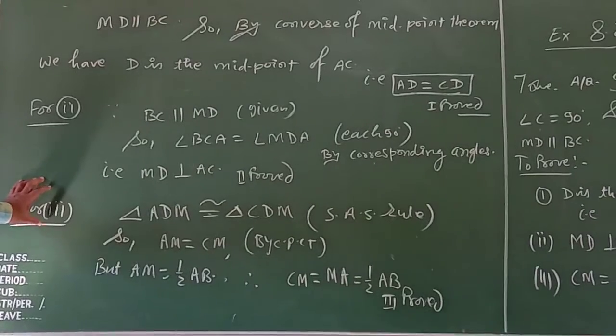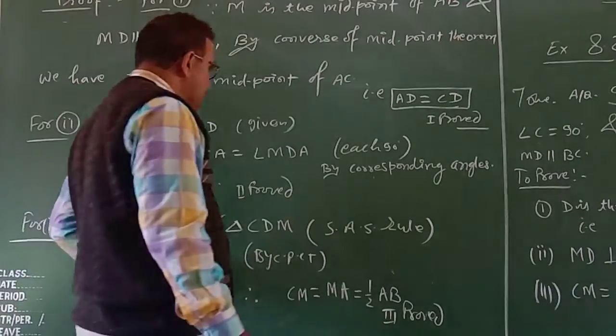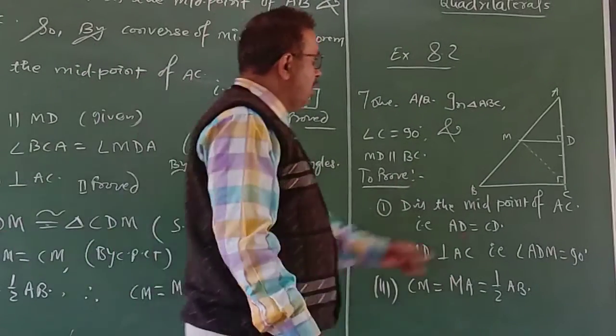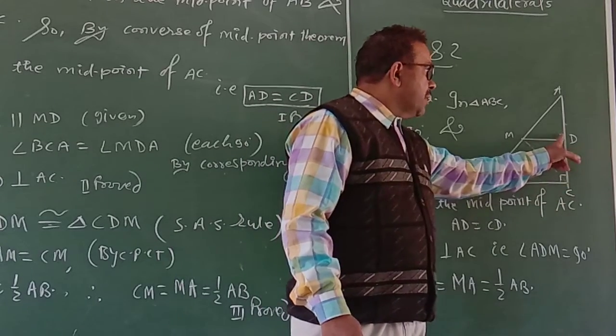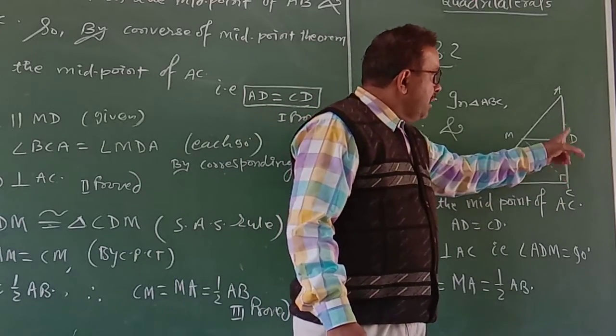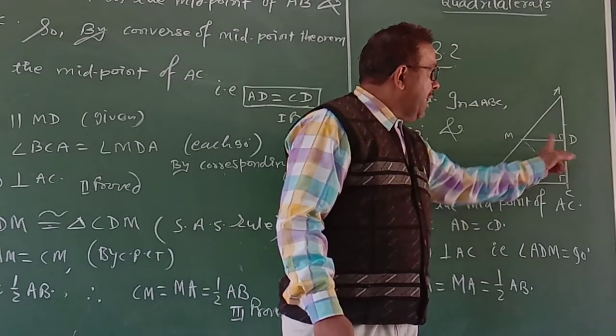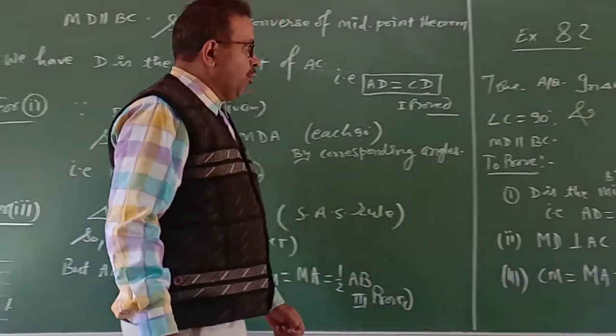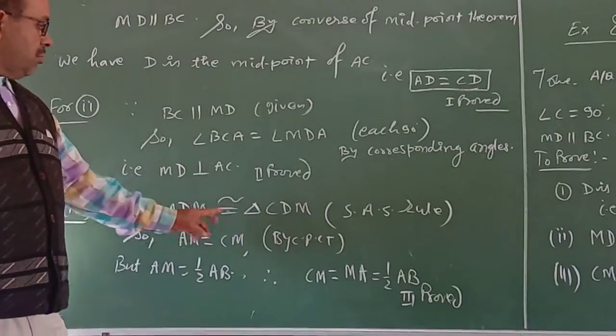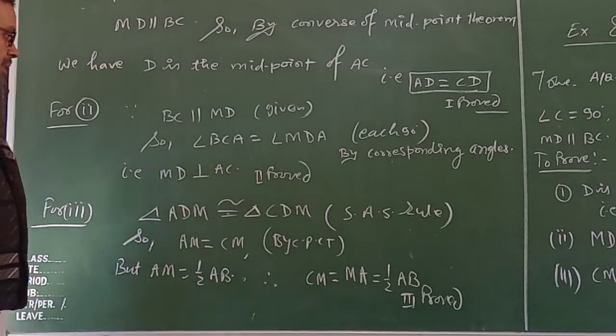And for third, since triangle ADM congruent triangle CDM, 90 degree and D is the midpoint, it means AD is equal to CD and MD is common in both. So by SAS rule, these triangles are congruent to each other.